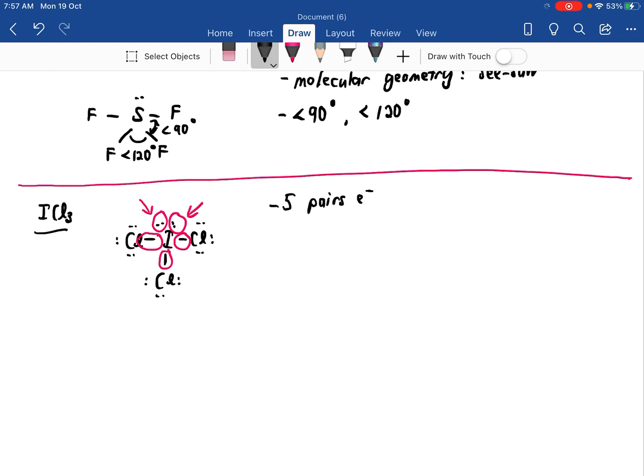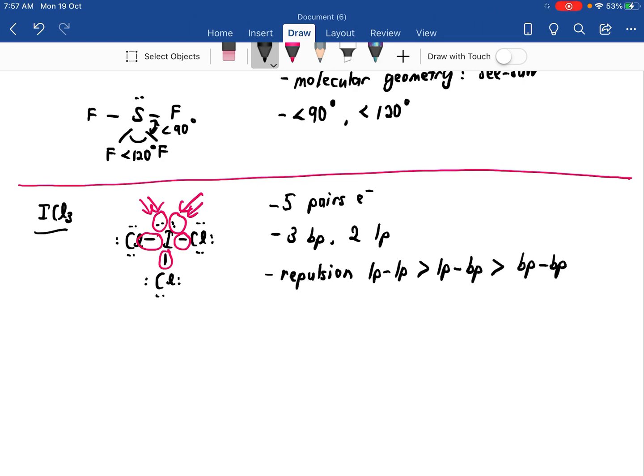Because now there are 2 lone pairs, they will repel each other much more strongly. The repulsion between lone pair and lone pair electrons is much stronger compared to lone pair and bonding pair electrons, and lone pair and bonding pair repulsion is stronger than bonding pair and bonding pair.